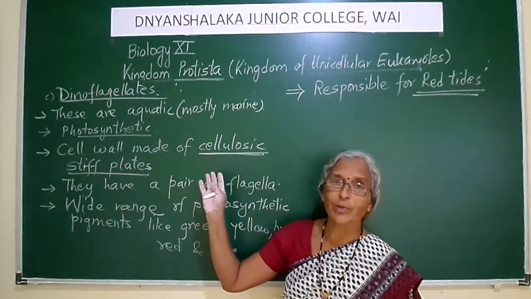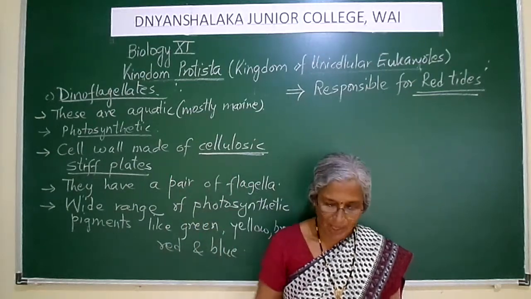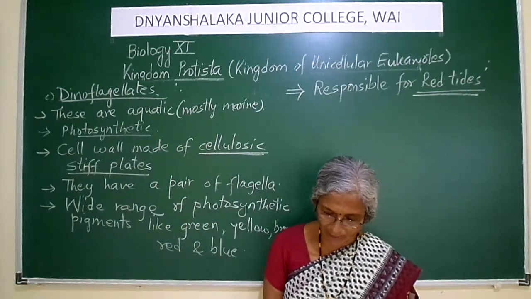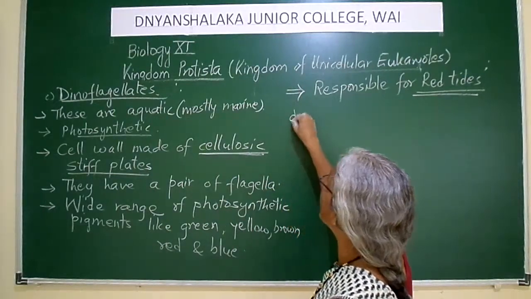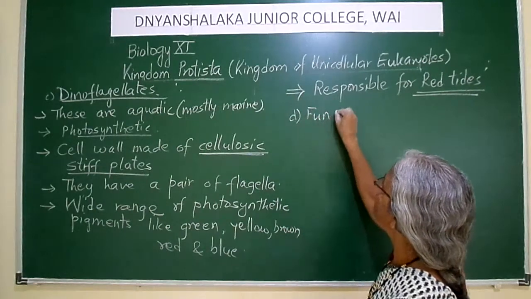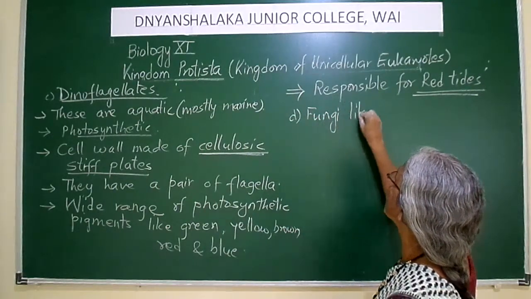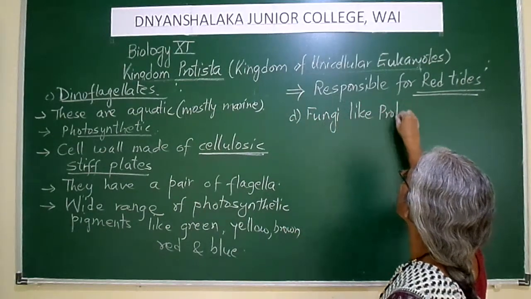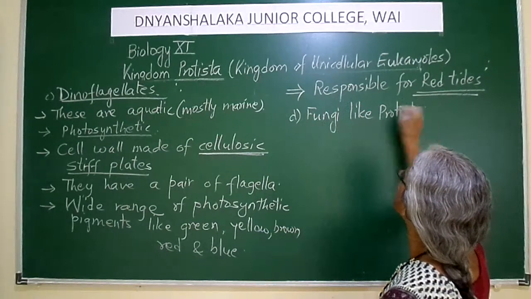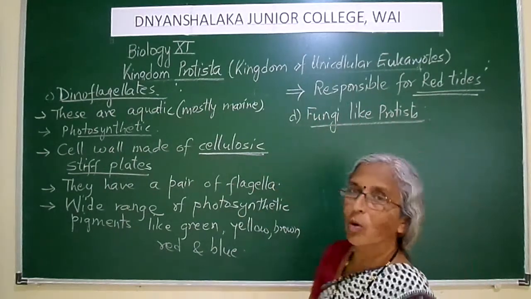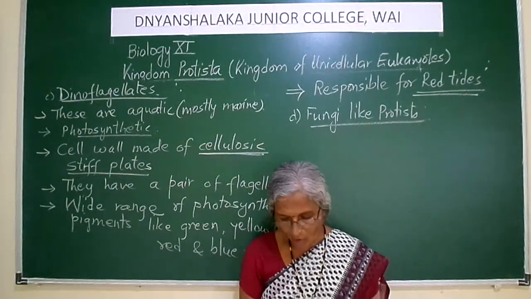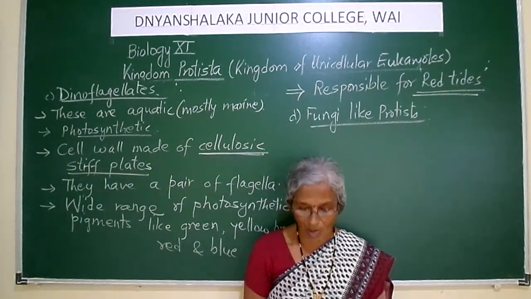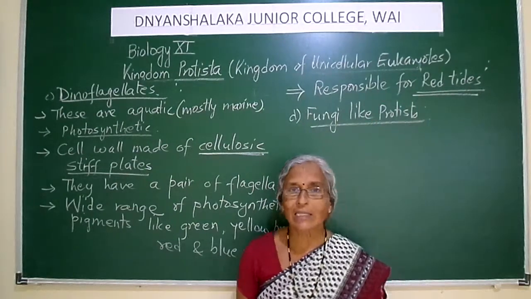Okay, now we'll go to the next type in which the organisms appear to be like fungi. So these are called fungi-like protists. Okay, now these fungi-like protists are commonly from the group which is called Myxomycetes.